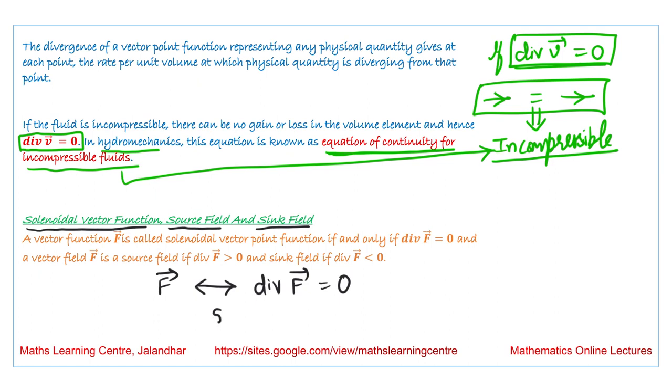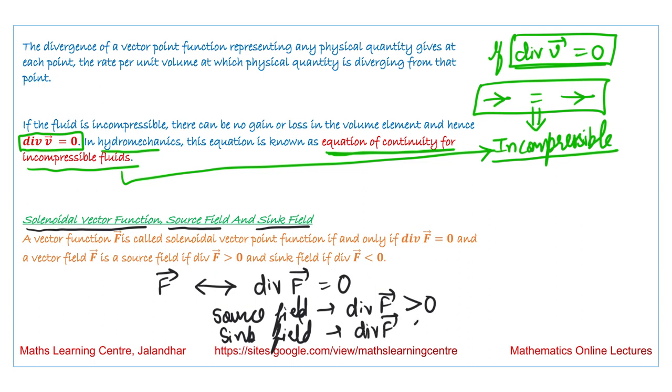It is called a source field if the divergence of f vector is greater than 0. It is called a sink field if the divergence of f vector is less than 0. So, these are the three definitions that we have.